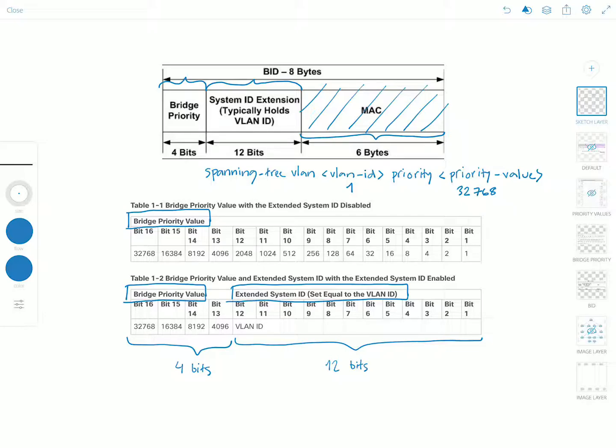So that is the command to configure the bridge priority, but effectively this command can only manipulate the first part or the first 4 bits of the bridge priority, because the remaining 12 bits are reserved for the VLAN ID. So with this command, you can effectively only influence this section or this part.